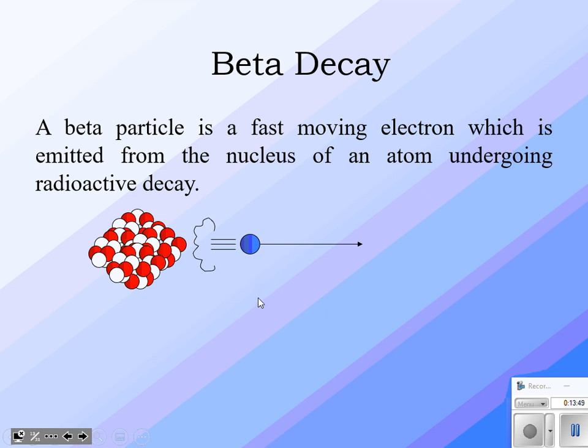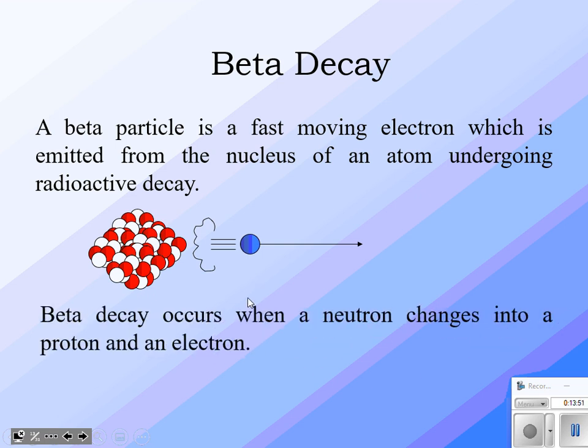That is that fast-moving electron. So when beta decay occurs, a neutron is changed into a proton and an electron. So by that fast-moving electron being emitted, we're changing a neutron into a proton.